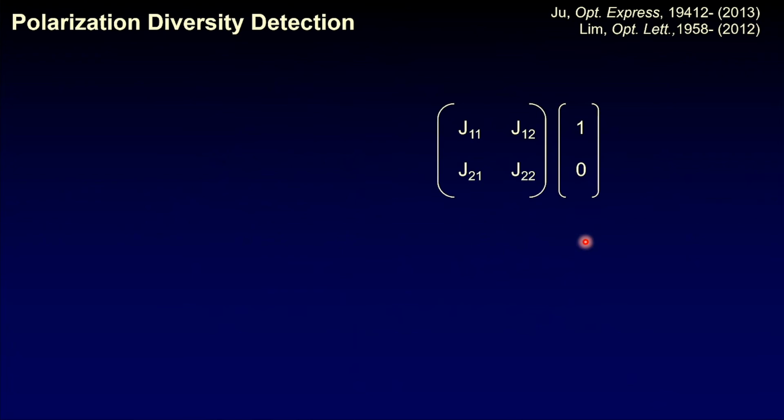And then what is the output? It becomes like this, right? J11 and J21. And these are actually the output polarization.